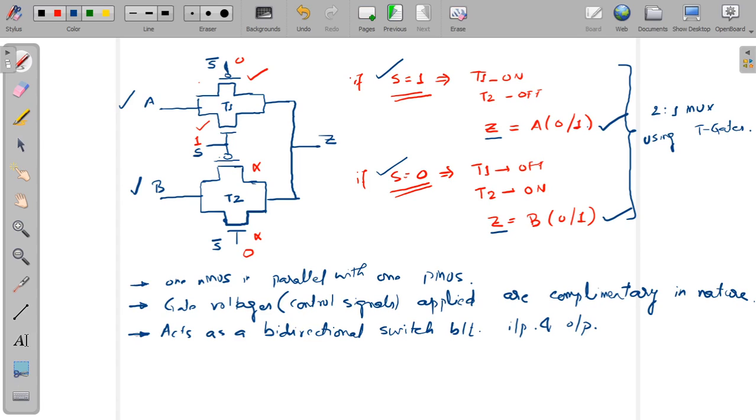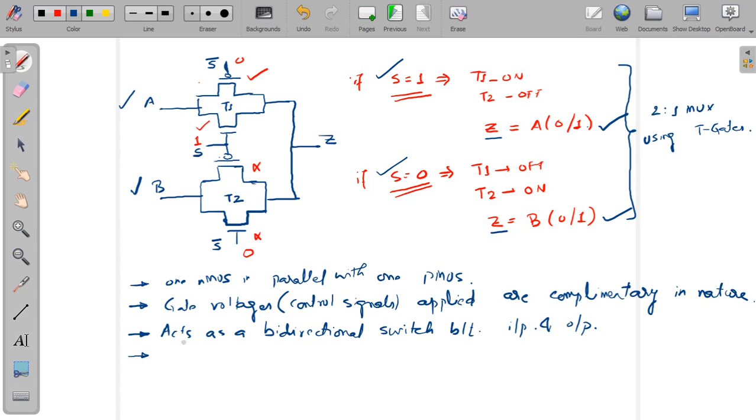So take care of this, because if this is acting as a bidirectional switch, then the responsibility becomes a bit more in how to use this inside a circuit. Okay, so basically it is using the best of both worlds, that is NMOS and PMOS.